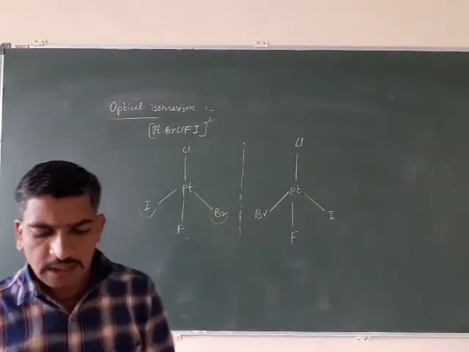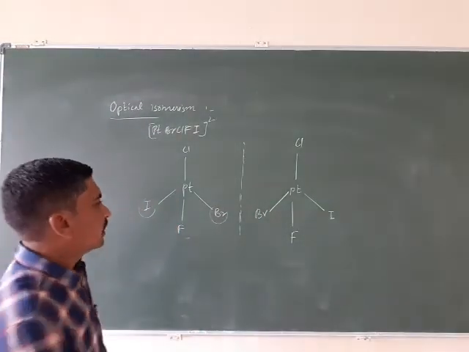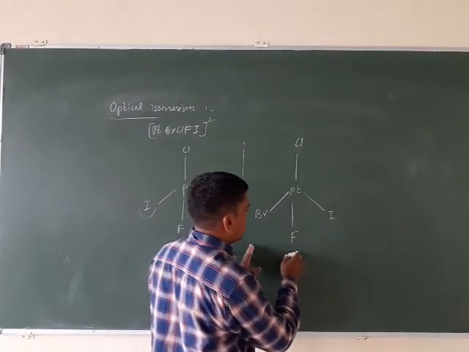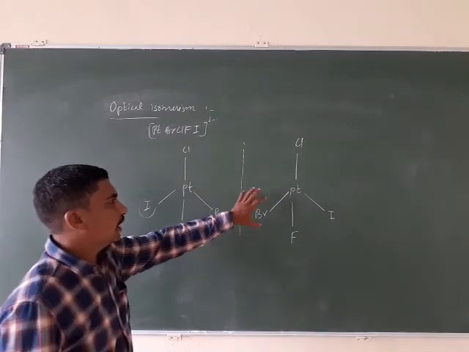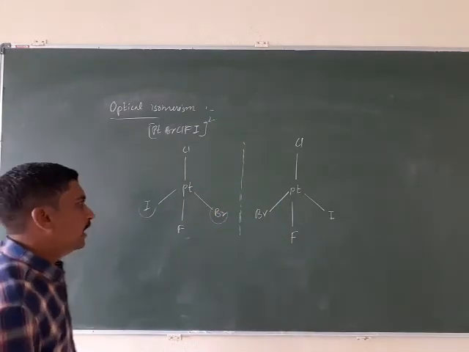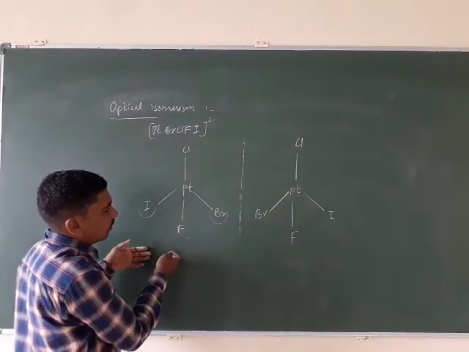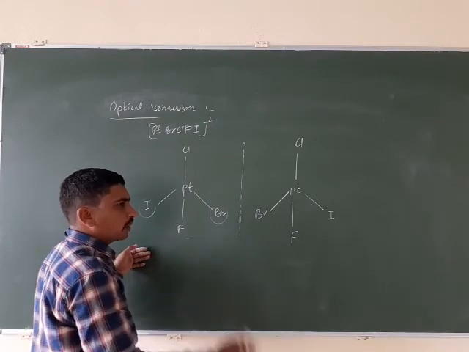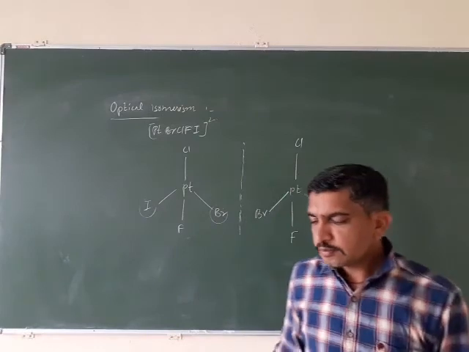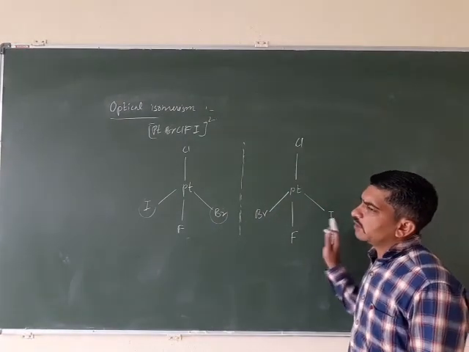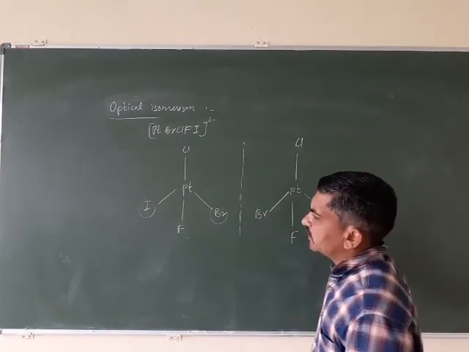These positions are not matching, and that's why these two are non-superimposable images of each other. So these two are enantiomers. One may rotate the plane to the right hand side, and another to the left hand side. One is levo, one is dextro.